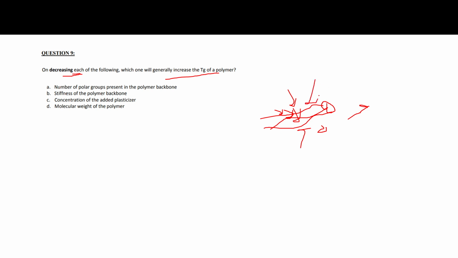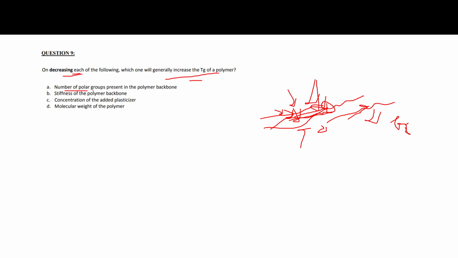But when we add a plasticizer, which means you add some material that increases the free volume of the polymers, the polymers become more and more flexible. When your polymers become more and more flexible, your Tg is decreasing, right? So how can you decrease the Tg of the polymers? You have to add some plasticizer there.